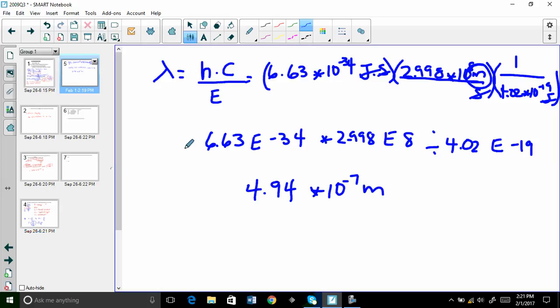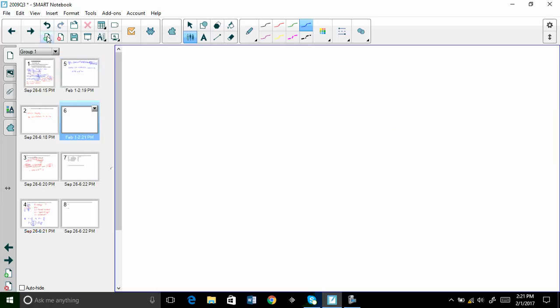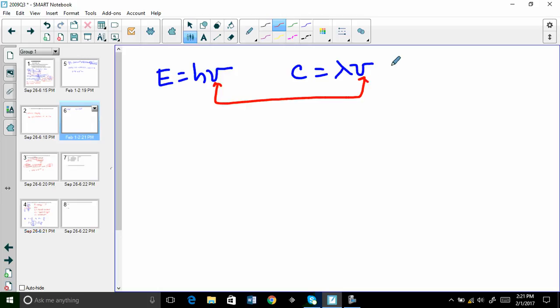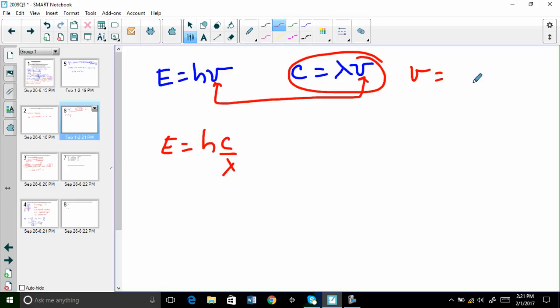Again, let me just run through that algebra one more time. This is what we know. We know that E is equal to h nu, and we know that C is equal to lambda nu, and what connects these two equations is that this is the same nu. So another way to do this is E equals h, but instead of nu, you sub in C over lambda, because if you take this equation and solve it for lambda, it would be C over nu.